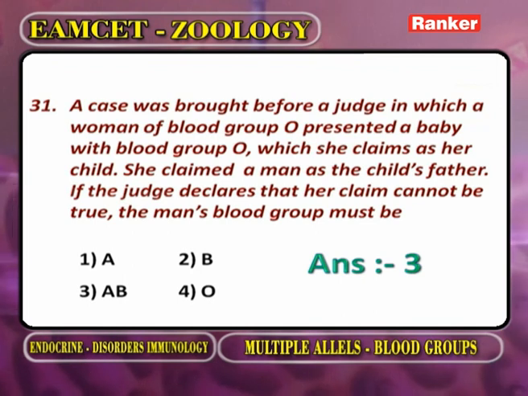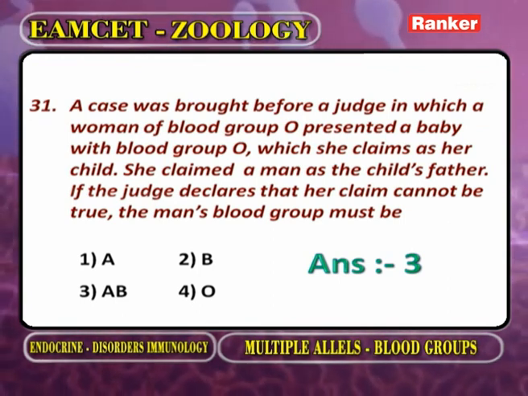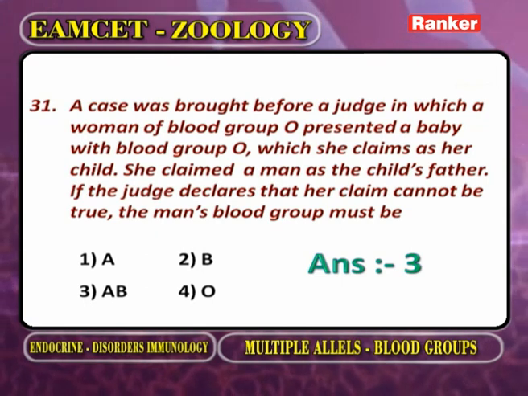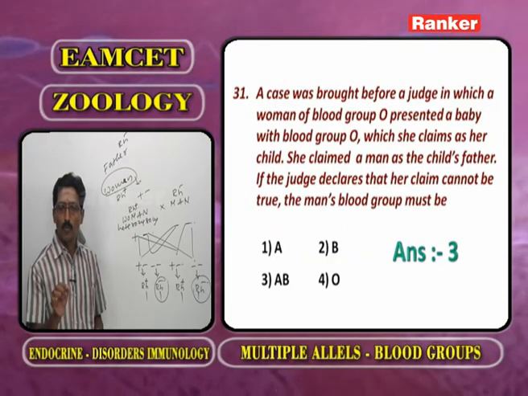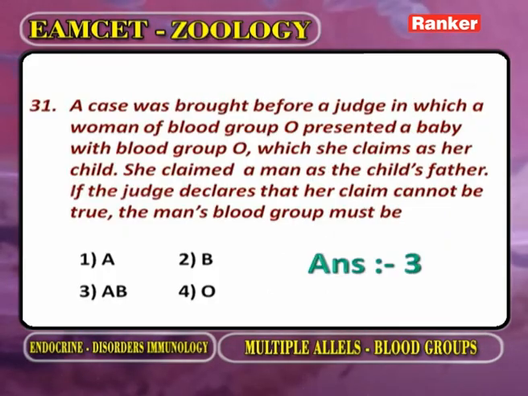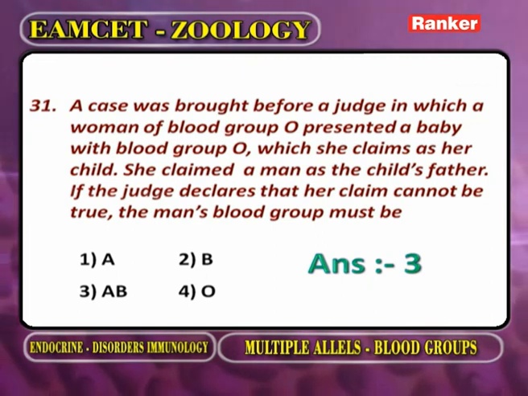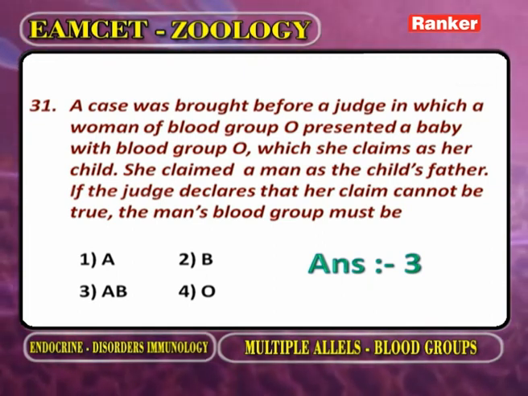A case was brought before a judge in which a woman of blood group O. What is that case?